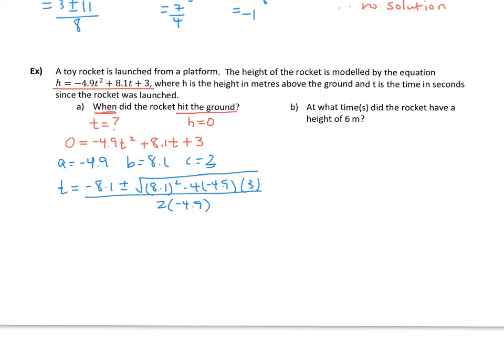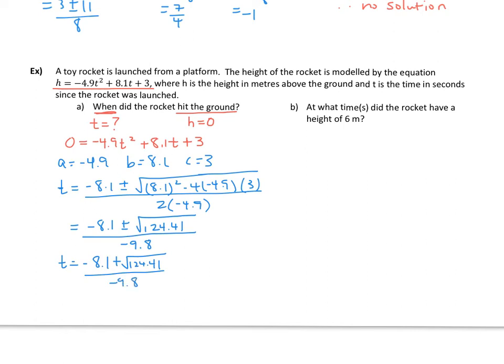All right, so there we have that, and then it's just a matter of putting that in your calculator and solving, which I have done here in terms of calculated under the square root sign. Then we're going to get our 2 times, one being negative 8.1 plus the square root of 124.41, all divided by negative 9.8, or we have our other time where we have the minus square root of 124.41 divided by negative 9.8.